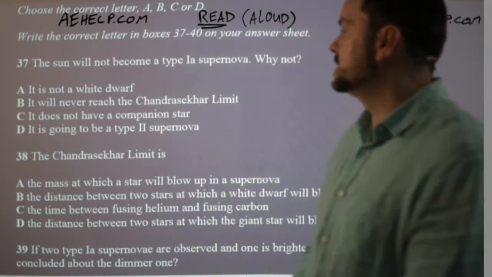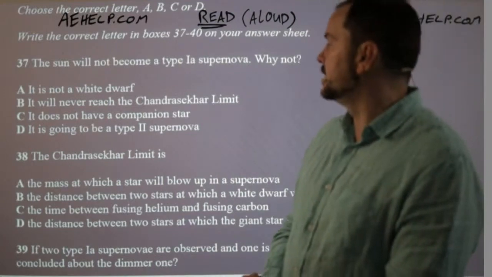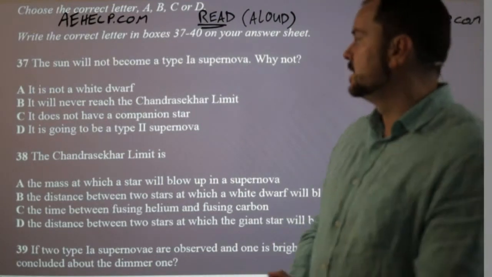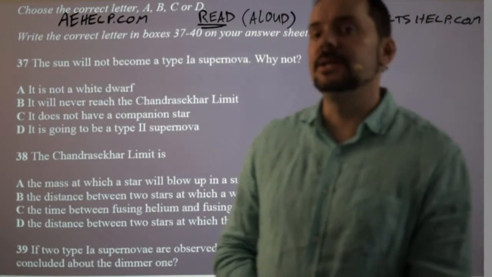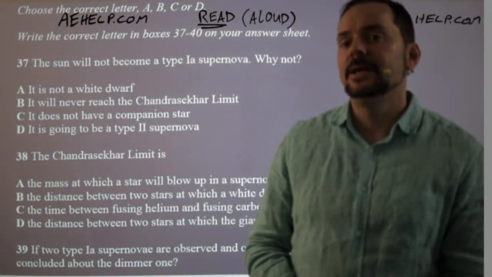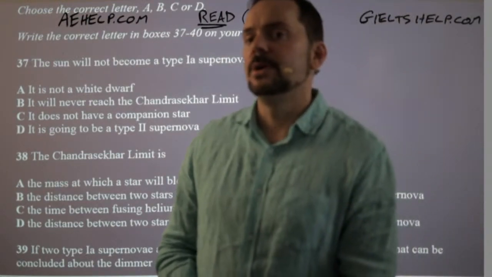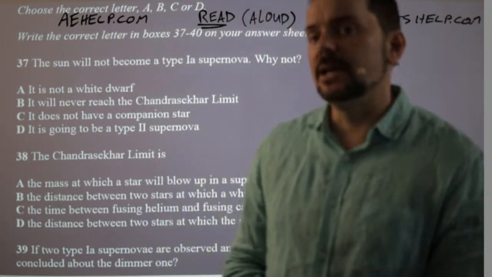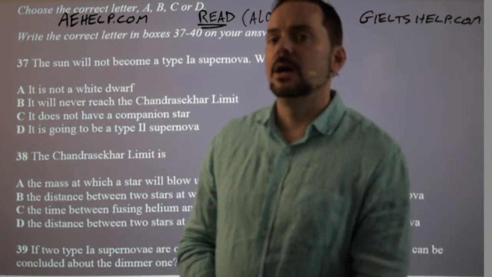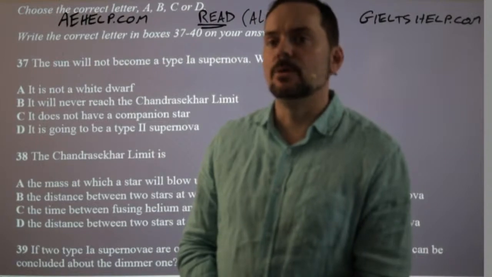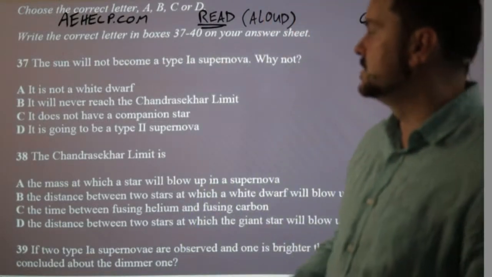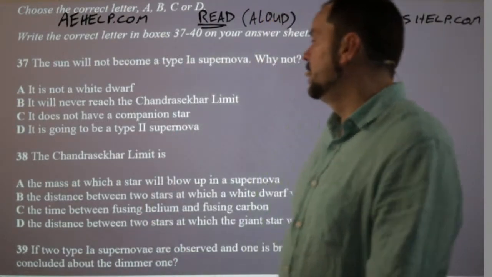So David says 37 is B. It will never reach the Chandrasekhar limit. Not really, David, because that would be a type 2 supernova. What's needed for a type 1a supernova? So Rashika says C. It does not have a companion star.